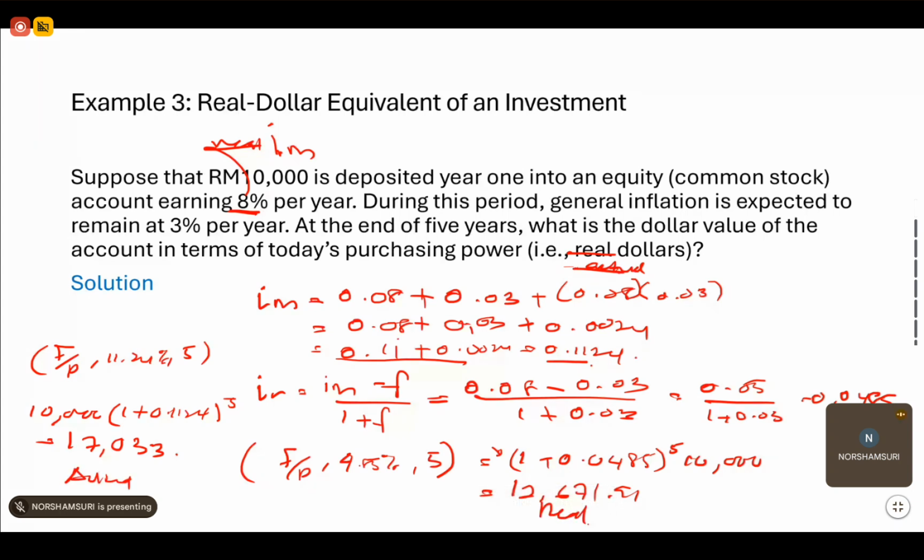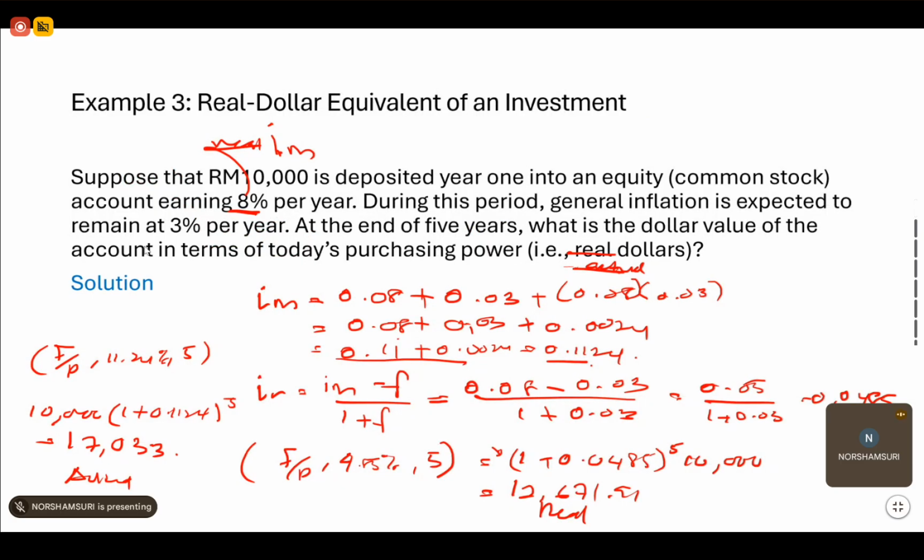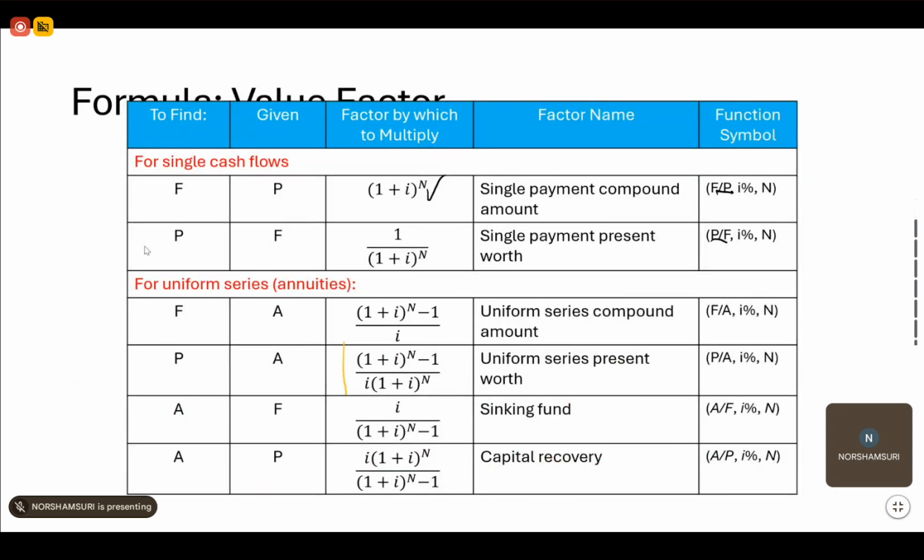Okay, so you can use this formula to get the real or the market value. If the question doesn't give it to you, you can also calculate the value. Other examples are also available in the notes that I gave to you previously.